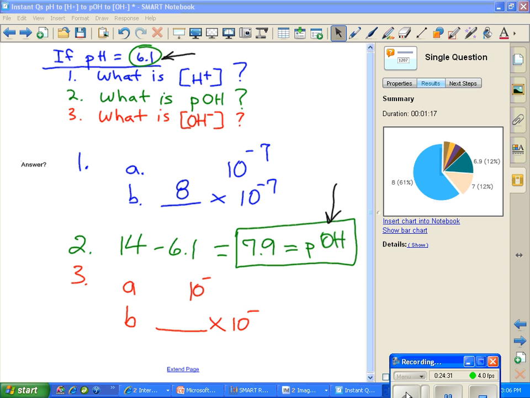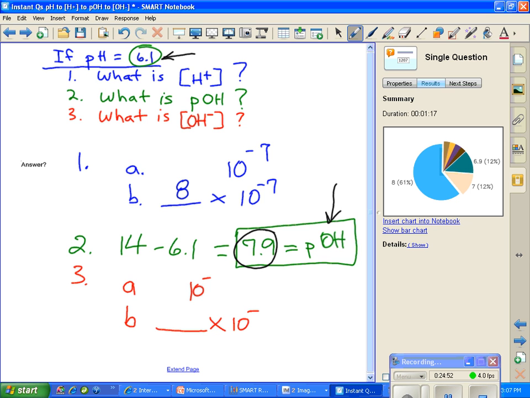All right, looking at what we did, I hope we're pretty close. Let's try it. What's the first number we put up? The power of 10 is going to be? 8. How do we know it's 8? It's the next highest whole number from the 7.9. So that's where the 8 comes from.